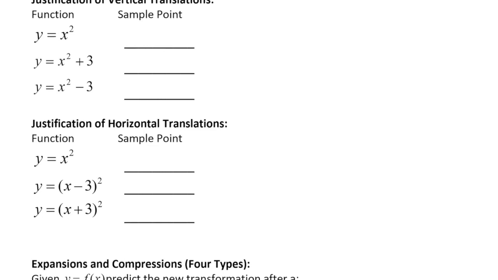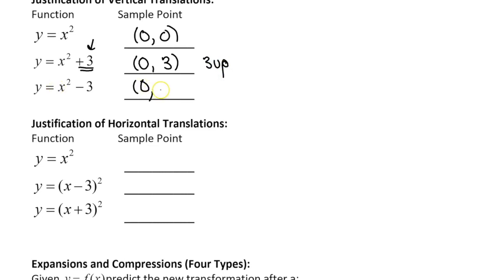If you have y equals x squared, which we're used to, and you pick a point, let's say the point 0, 0. Well, if you had y equals x squared plus 3, and you retained values of 0 for x, when you put in 0 for x, you still get a y value of 3, meaning we've gone 3 up.